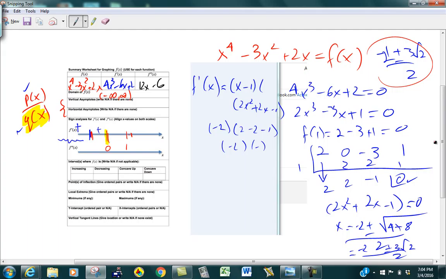So let's hypothesize that the signs go like this. I'm not doing the whole thing, you need to fill it in, and then let's test whether this video thing is working or not. So let's say that this is plus, then let's say this is minus and a minus. So if you want to look at the increasing, decreasing, then you write the intervals where f of x is increasing.